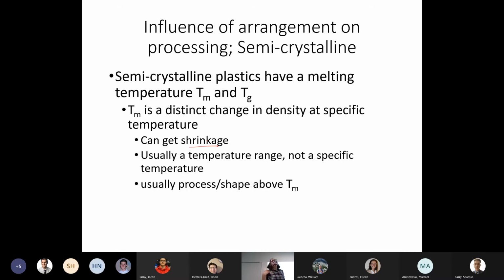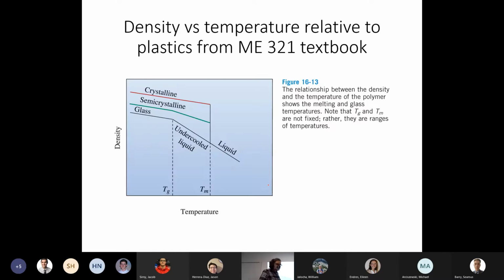That doesn't mean we still show a melting temperature as a distinct temperature on our graph, but it's usually a range. And if you look up plastics, you'll see a range for melting. We generally are going to process or shape above the melting temperature. And the melting temperature is going to be higher than the glass transition temperature.